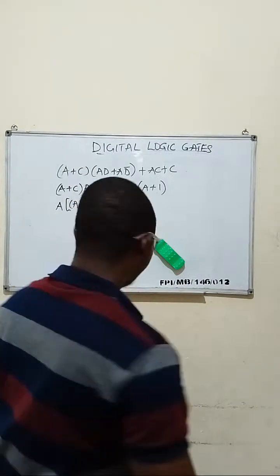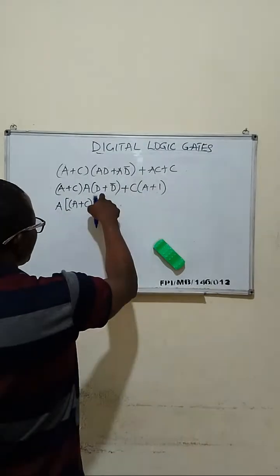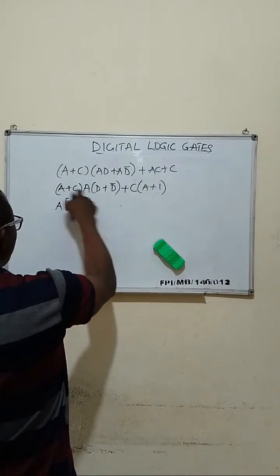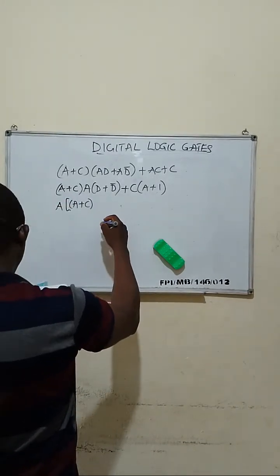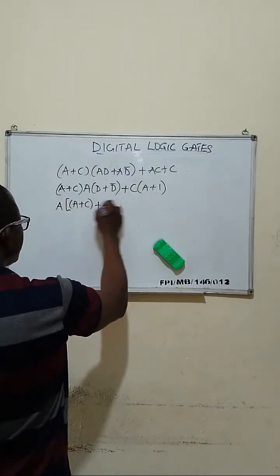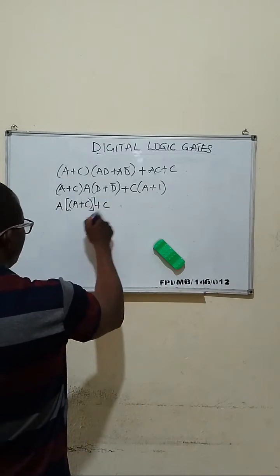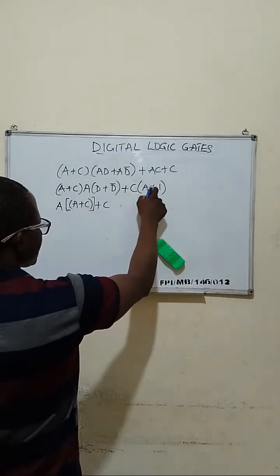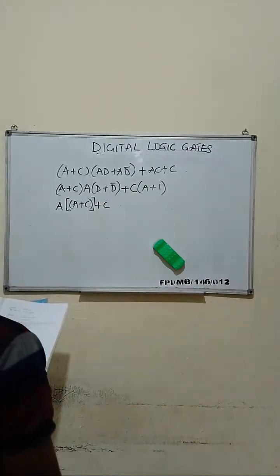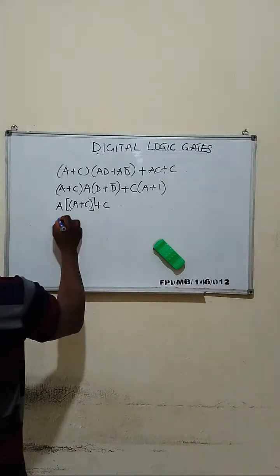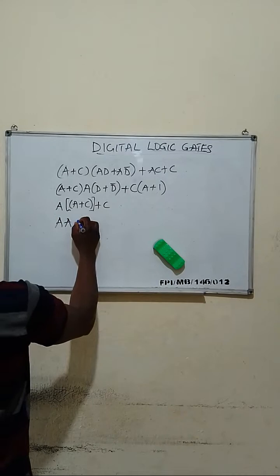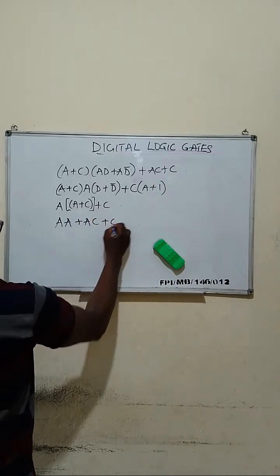D plus D bar is always 1. So this one remains 1, and there's nothing left here. So A remains here with D. So we factorize it out, then we can go ahead and close that. And then we write plus C, because A plus 1 is 1, and 1 dot C is C. So our final answer can be written as AA plus AC plus C.